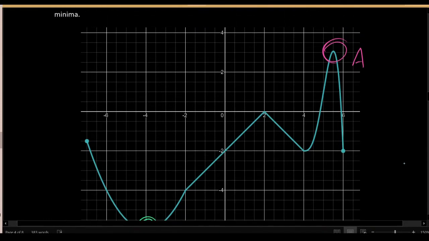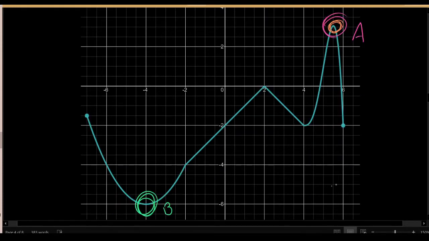Now, one thing that I'm noticing is that the point called A, the global maximum, was also a local maximum. If it's higher than every other point in the entire picture, then it's certainly going to be higher than any other point nearby. However, it's not the only local maximum.